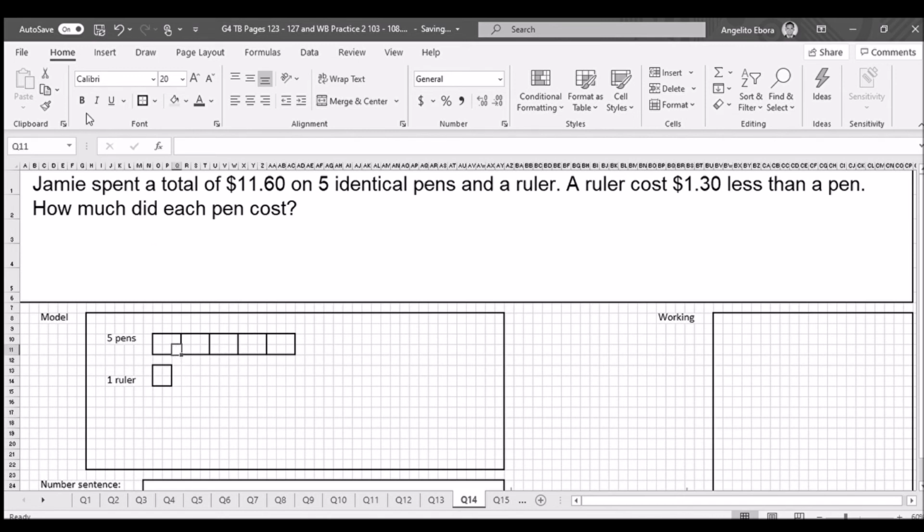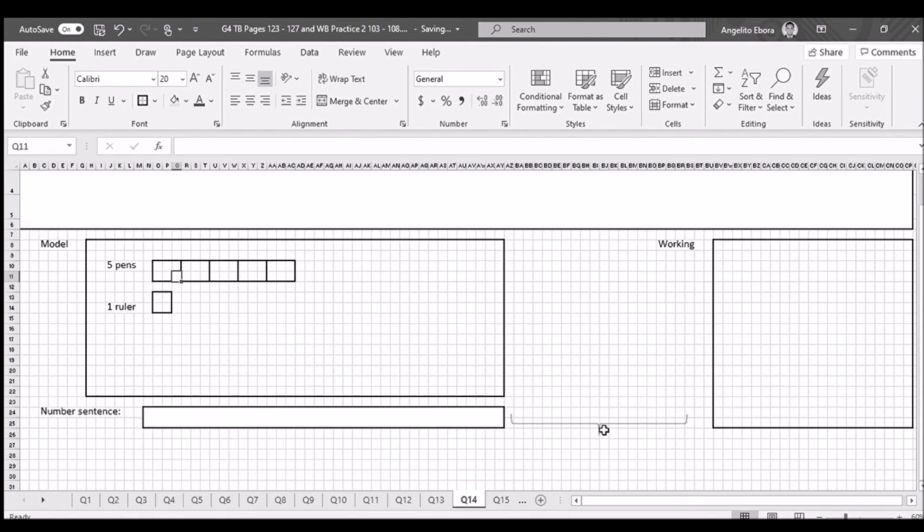Very small, right? So this is $1.30. And then the total.